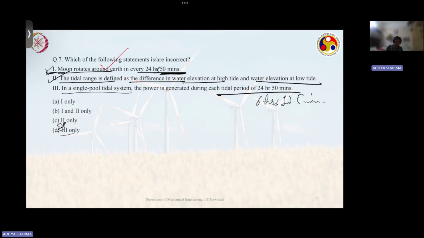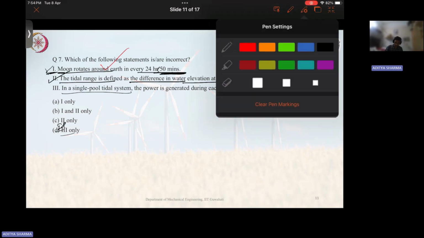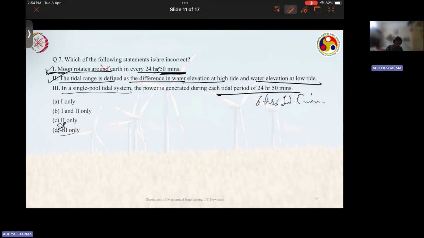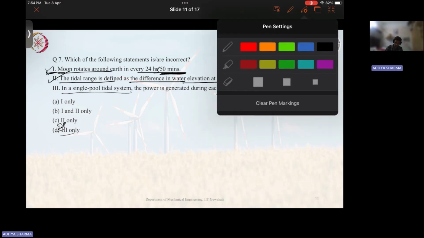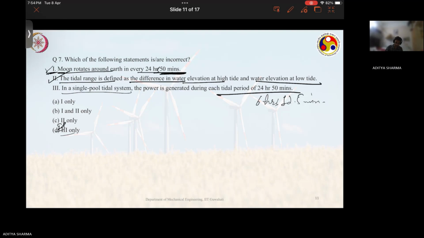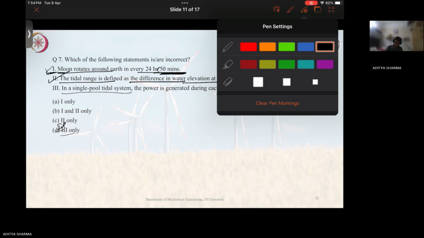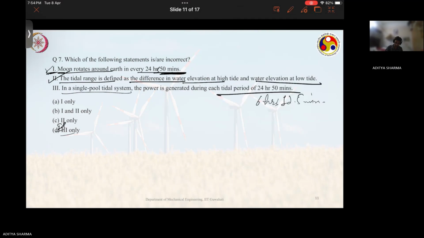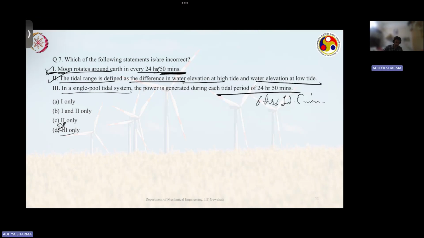The moon appears to rotate, that would have been correct, but if you say the moon rotates around the earth, that is not a correct statement. The second statement: the tidal range is defined as the difference in water elevation at high tide and water elevation at low tide. So this is a correct statement.